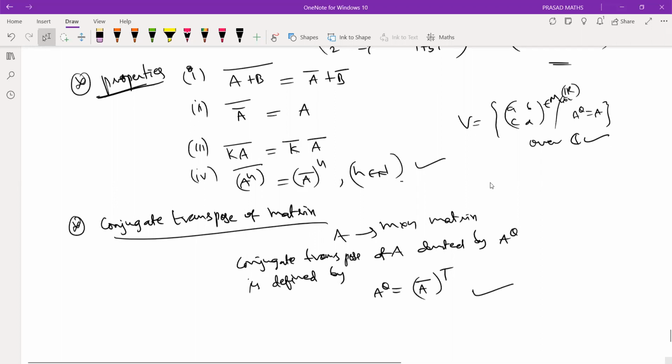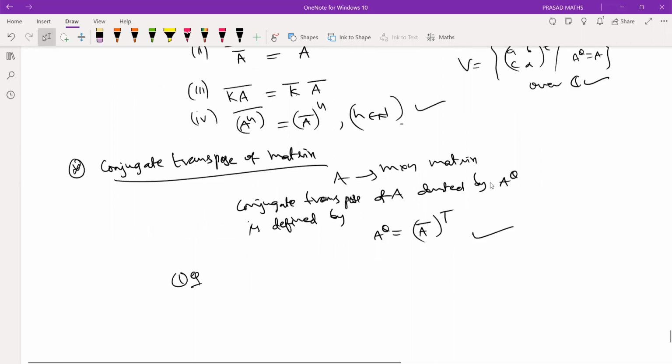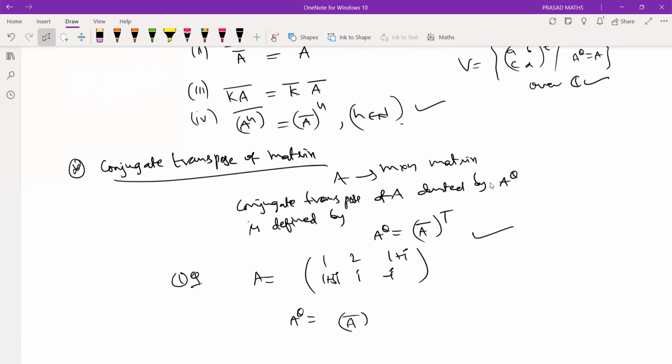Suppose you are given a simple problem, the same problem: 1, 2, suppose 1 plus i, 1 plus 5i, minus i. What is the conjugate transpose of this matrix? Simply A bar whole transpose. That means 1, 2, 1 minus i, conjugate of 1 plus 5i is 1 minus 5i, conjugate of minus i is plus i, whole transpose.